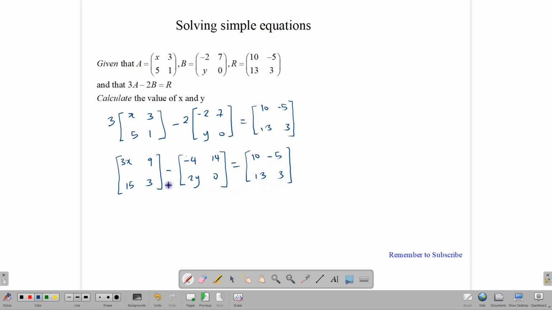So let's look at it now. 9 take away negative 4, 9 take away 14. Let's look at the positions and see what happens. 3x minus negative 4 should give us 10. Those are in the same positions.